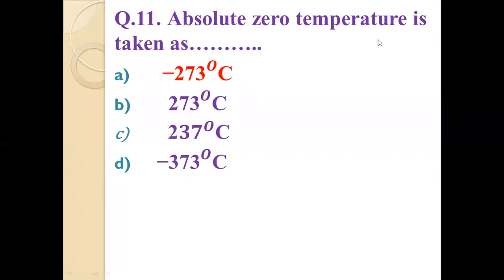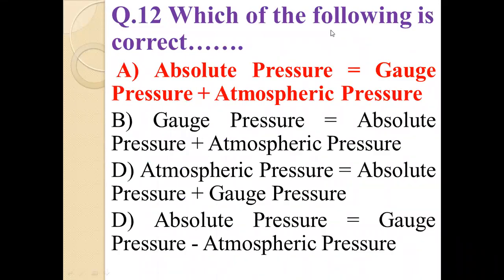Question number 12. See friends, question number 12. Which of the following is correct? This is on absolute pressure. Option A, absolute pressure is equal to gauge pressure plus atmospheric pressure.